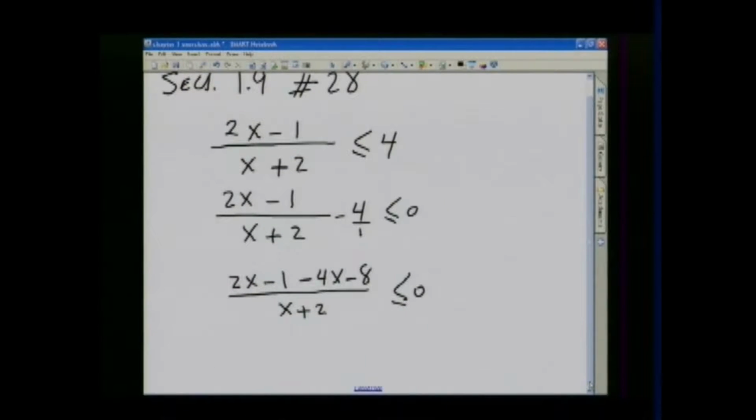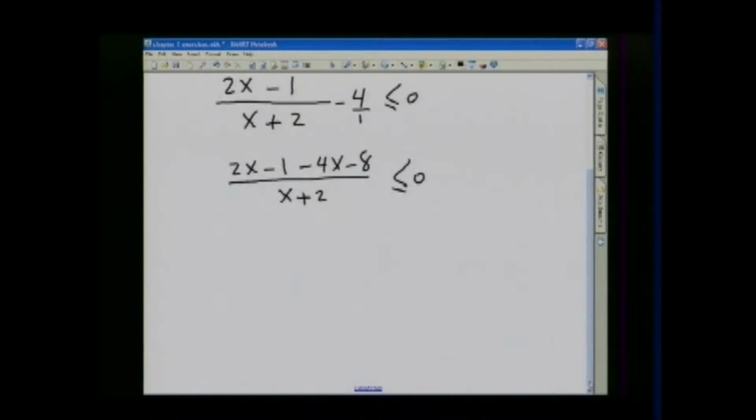You simplify the numerator. The 2x and minus 4x give you minus 2x, and minus 1 and minus 8 give you minus 9, divided by x plus 2, less than or equal to 0.